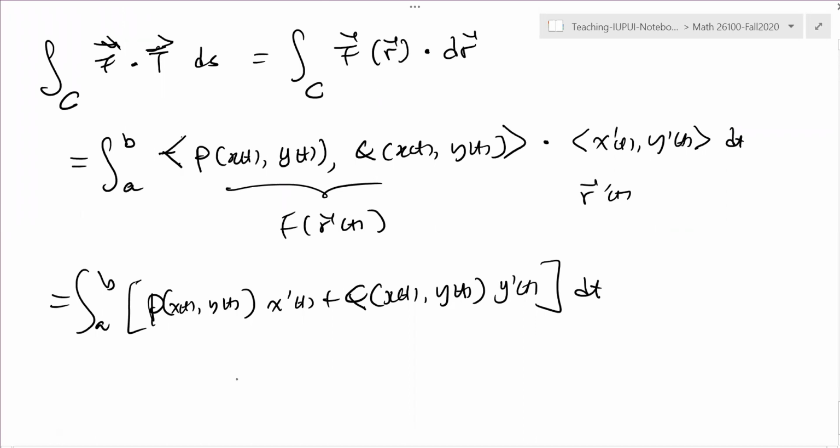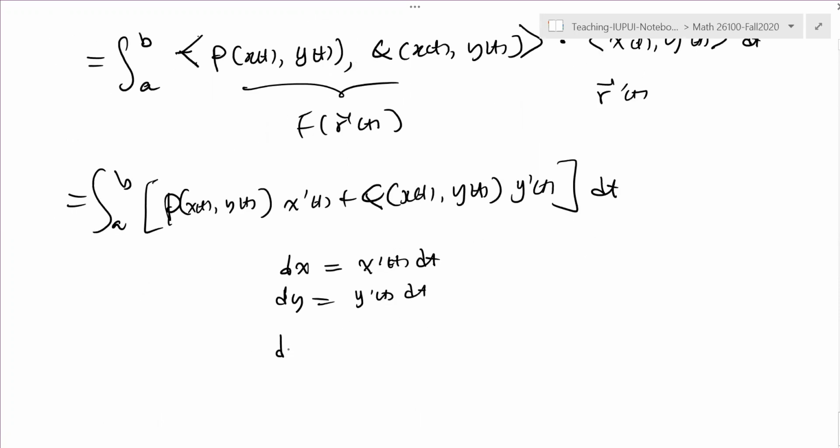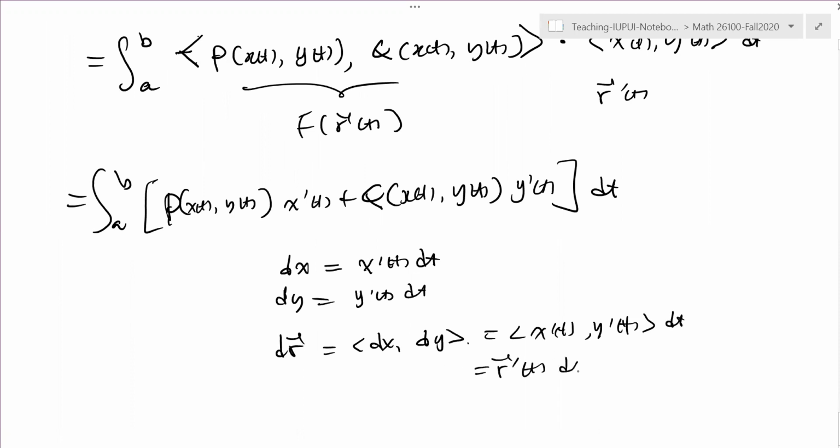For the right hand side, remember, if I let dx be x prime t dt, and dy be y prime t dt, then dr is going to be just dx, dy, which is x prime t, y prime t, and dt, which is r prime t dt.